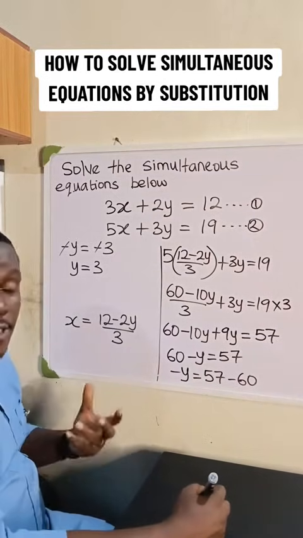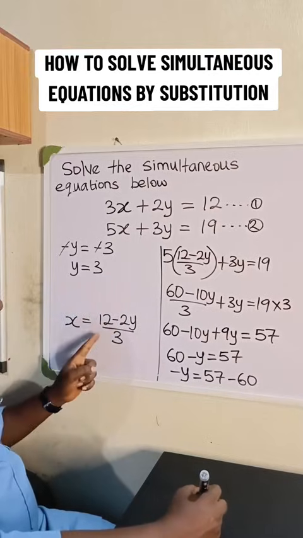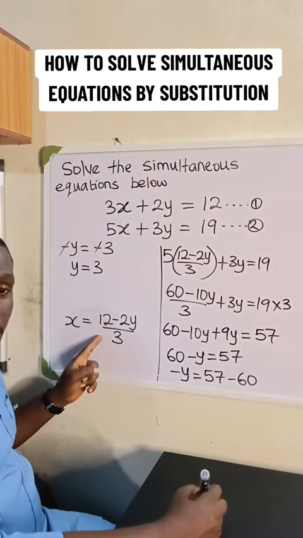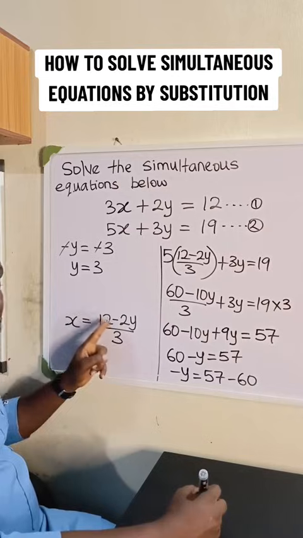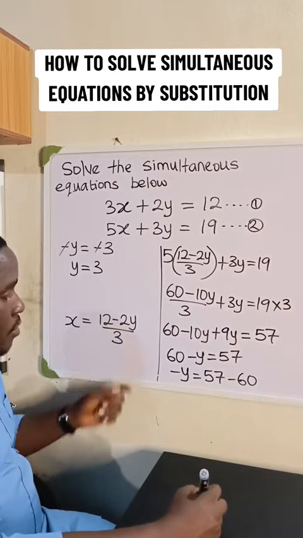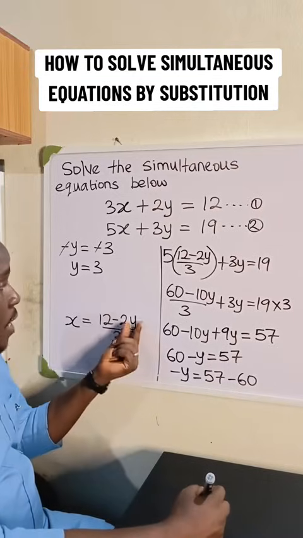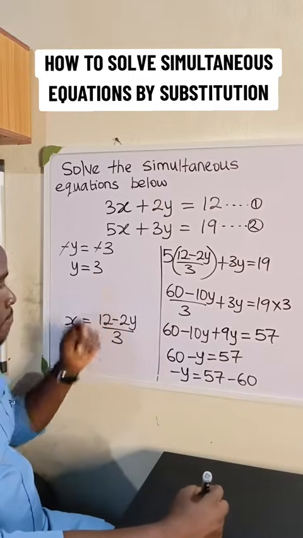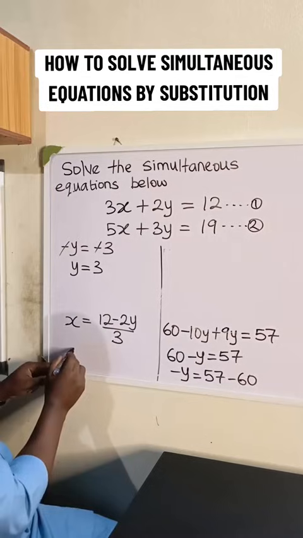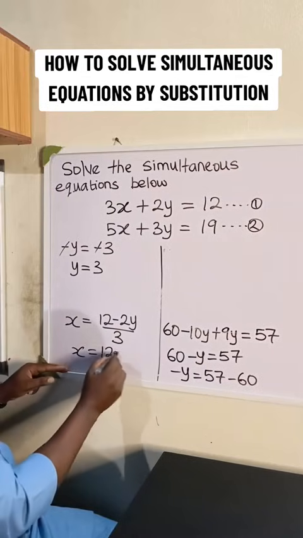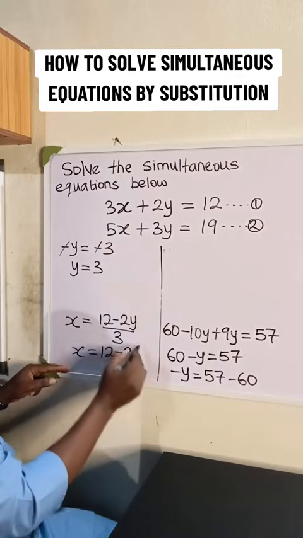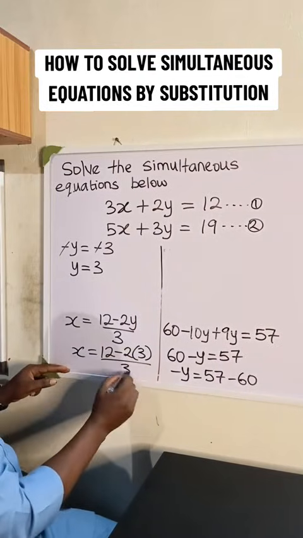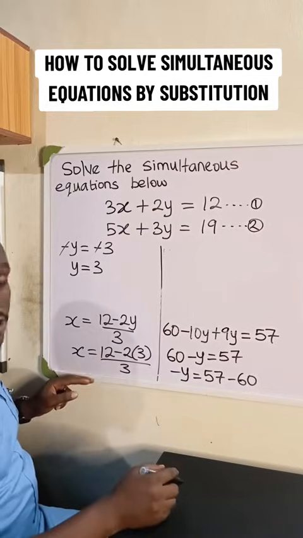For us to find the value of x, we need to substitute this value of y into this equation we have here. x is equal to 12 minus 2y all over 3. So what we are going to do is replace y with 3. Okay, so let's do that. So we're going to have x is equal to 12 minus 2 into 3, all over 3. 2 multiplied by 3 will give us 6.